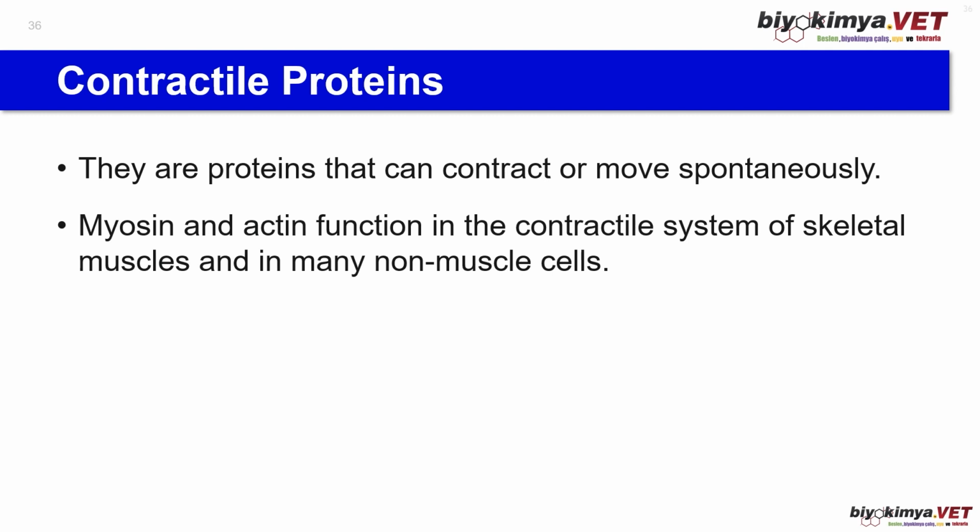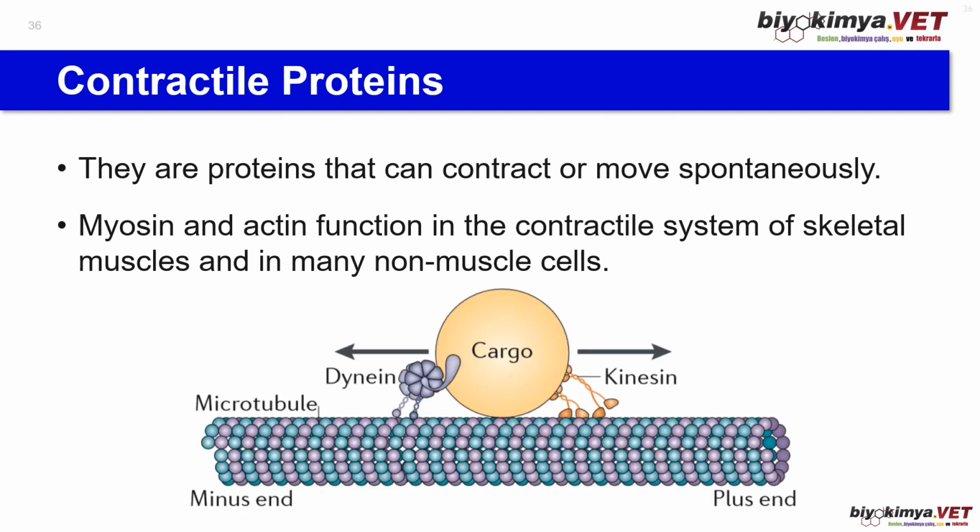And also there are other classes. Look here, the microtubule consists of tubulin, and dynein and kinesin deliver cargo. Tubulin, dynein, and kinesin are crucial components involved in intracellular transport and cell structure within the cell.